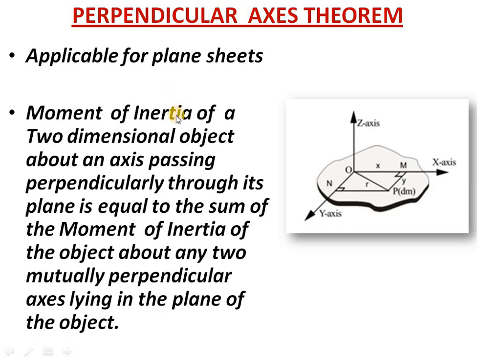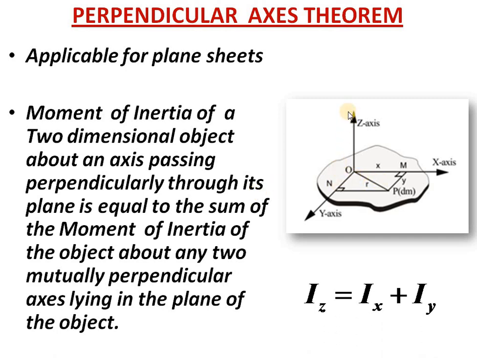It goes like this: the moment of inertia of a two-dimensional object about an axis passing perpendicularly through its plane is equal to the sum of the moment of inertia of the object about any two mutually perpendicular axes lying in the plane of the object. So what does it say?